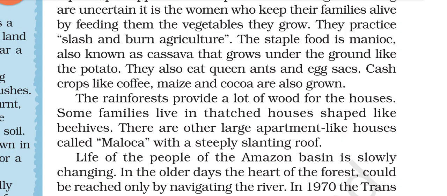The staple food, meaning the main food that is eaten by the people living in this region, is manioc, also called cassava, that grows under the ground like the potato. Potato is grown under the ground. We have to take it out from the soil. It is not grown on the trees. It also grows in the same way.